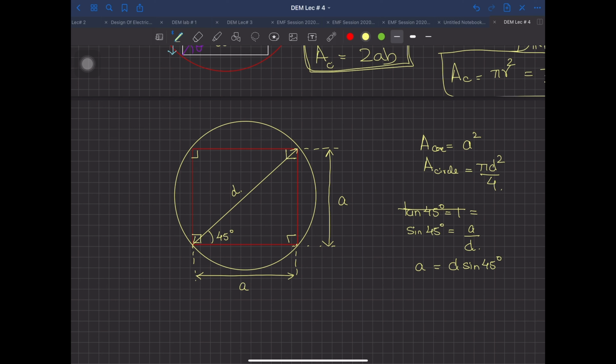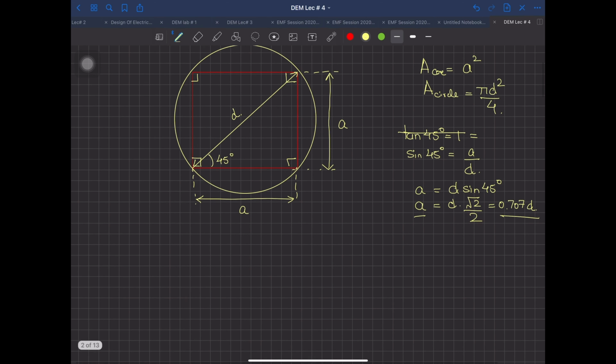What is sine of 45? Under root 2 divided by 2. Is that written correctly? Yes, that is 0.707. So this means A is equal to 0.707 D.